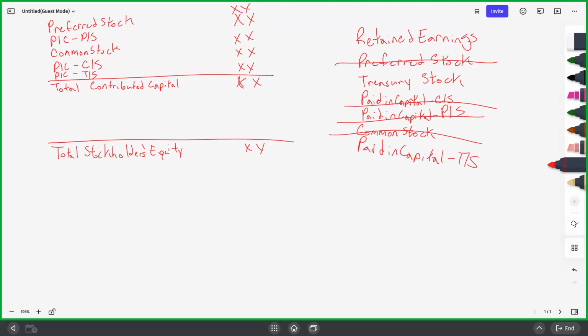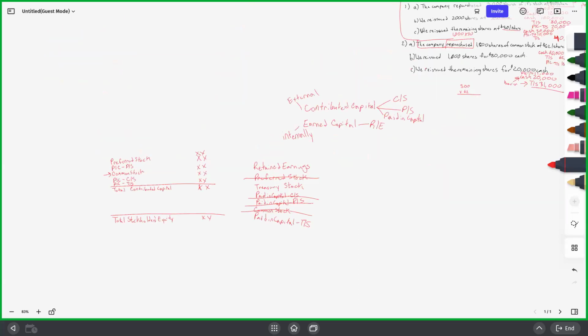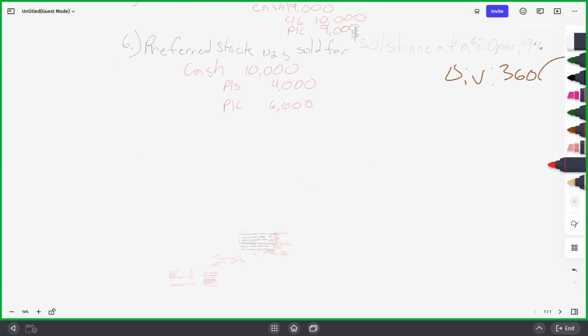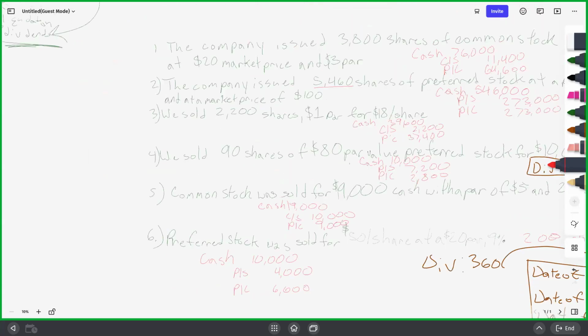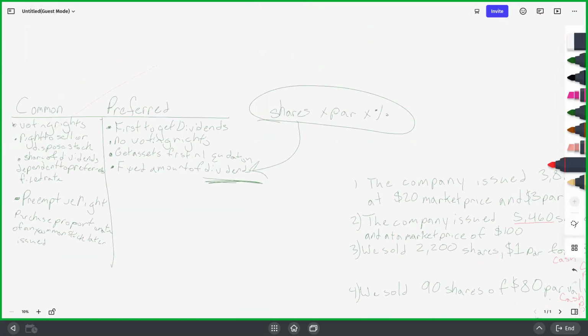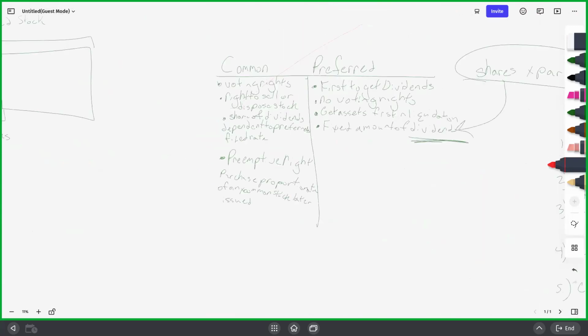So we got our contributed capital. Now, one thing I do want to make note of before we come further: the value of our common stock, is that going to be the issued value or the outstanding value? Issued.